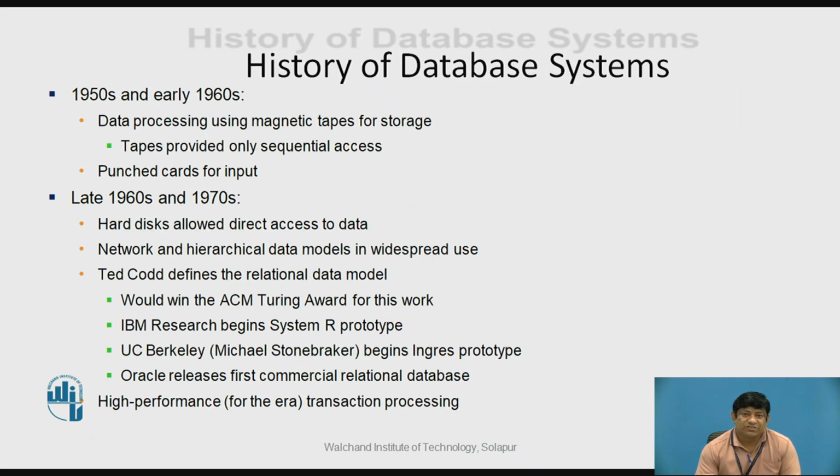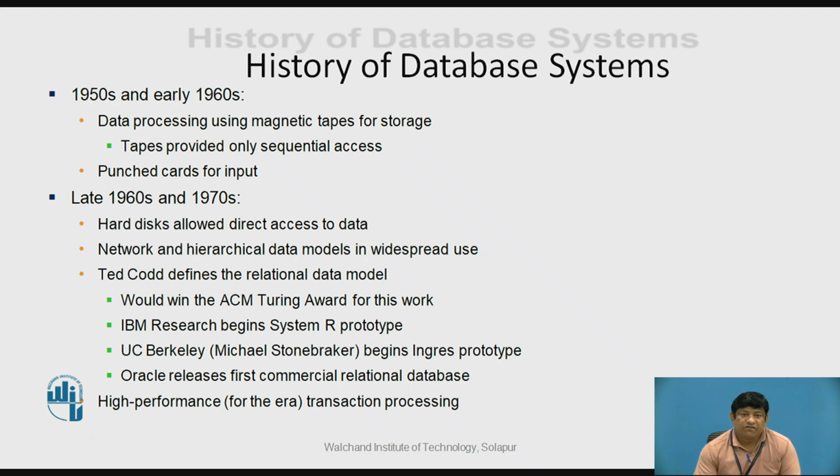Here we can see some history of database systems. In the 1950s and early 1960s, data processing used magnetic tapes for storage. Tapes provided only sequential access. Punch cards were used for input. In the late 1960s and 1970s, hard disks allowed direct access to data. Network and hierarchical models were in widespread use.